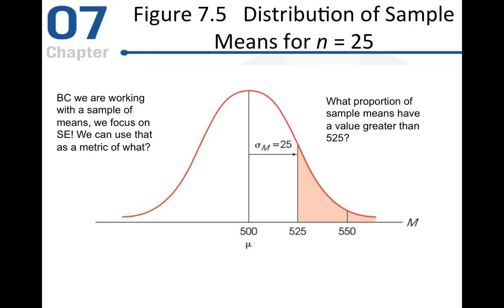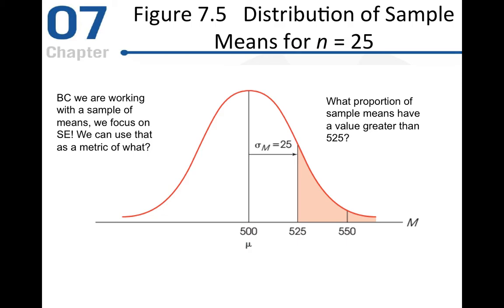So, what proportion of the sample means have a value greater than 525? You know right here that we are working with standard error, and because we're working with sample means, we think of z-scores in terms of standard error units, but the same principles apply.